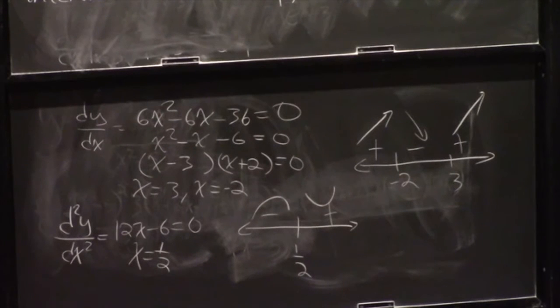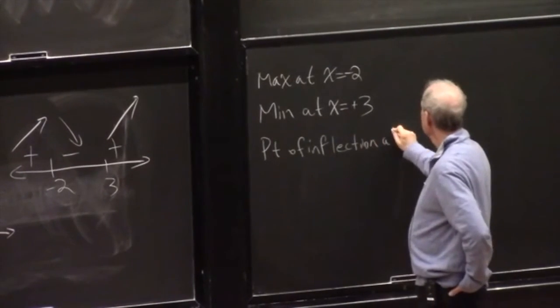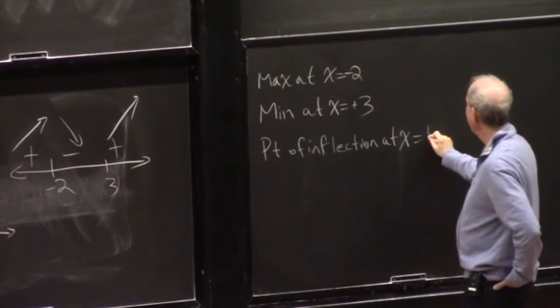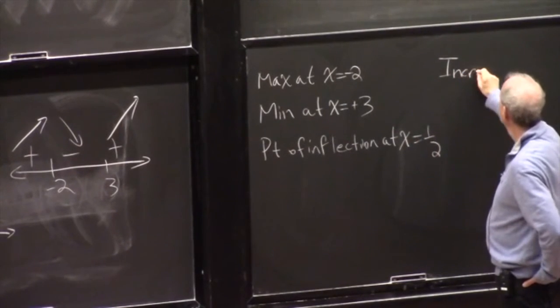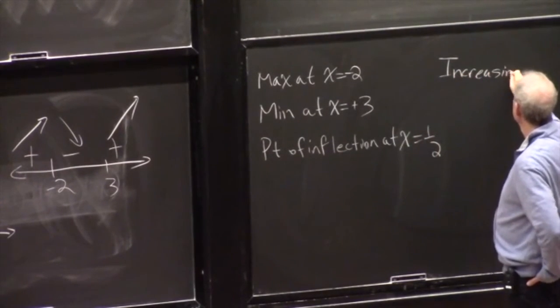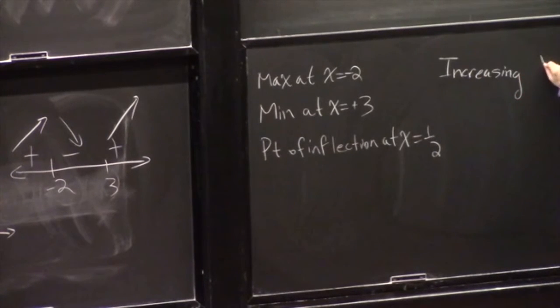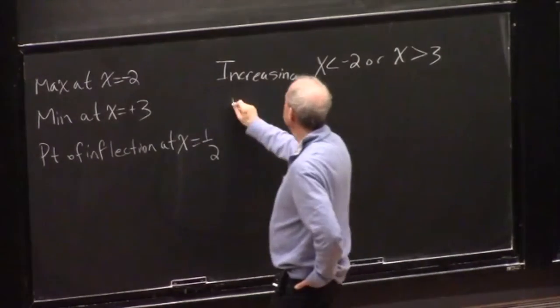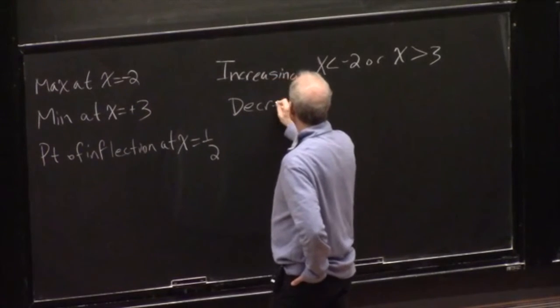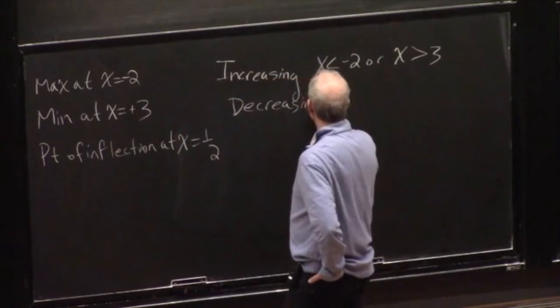A point of inflection at x equals 1/2. It is increasing when x is either less than -2 or x is greater than 3. It's decreasing when x is between those.